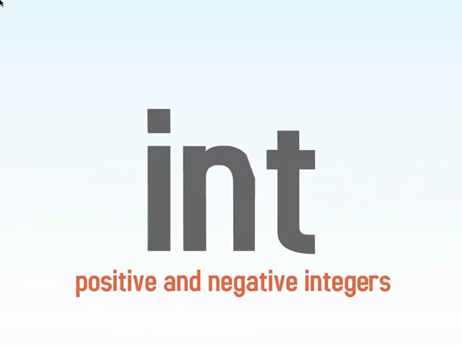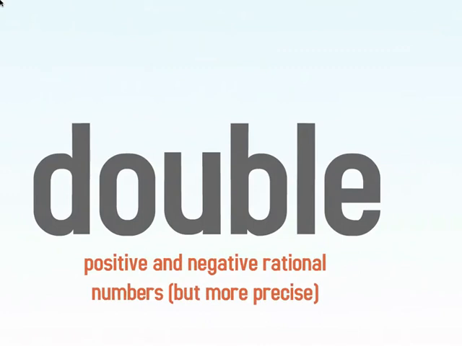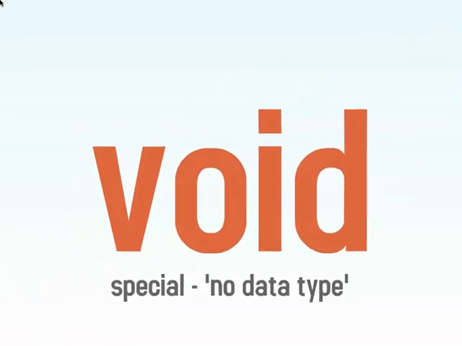There's the int type, which is going to give you positive and negative integers. There's floats, which are positive and negative rational numbers. Then there's a double, which gives you positive and negative rational numbers again, but this is going to be more precise, and we'll go over the differences and what that actually means in a few minutes. Then there's also a special type called void, which really means no data type.